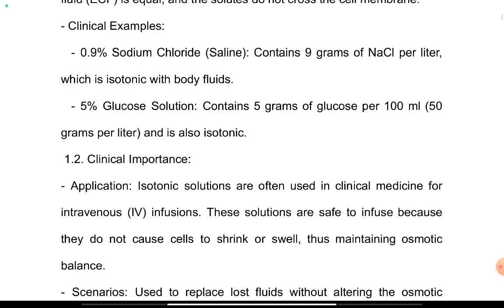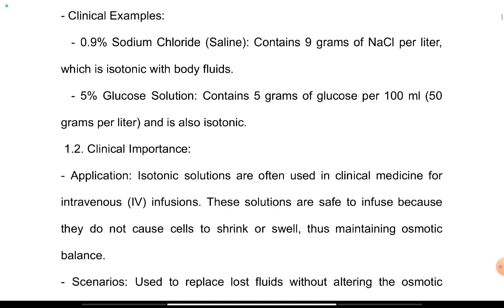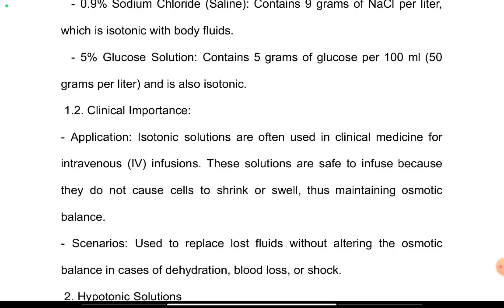So we have cited so many examples. All these things are things we've talked about, so you can check them out. 0.9% sodium chloride is isotonic, 5% dextrose solution is isotonic. So the clinical importance, we have said, is that the cell doesn't swell and it doesn't shrink.